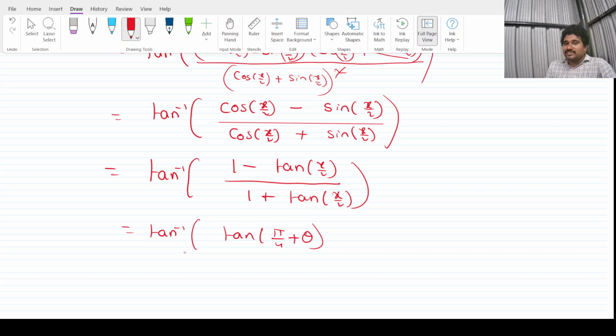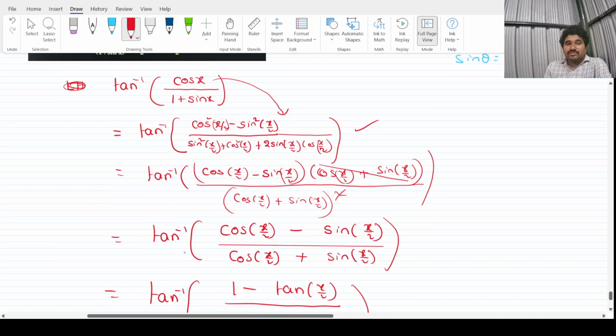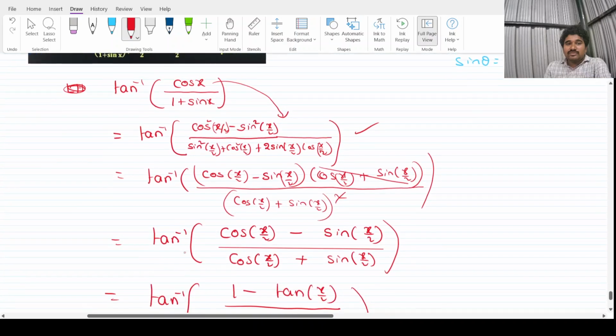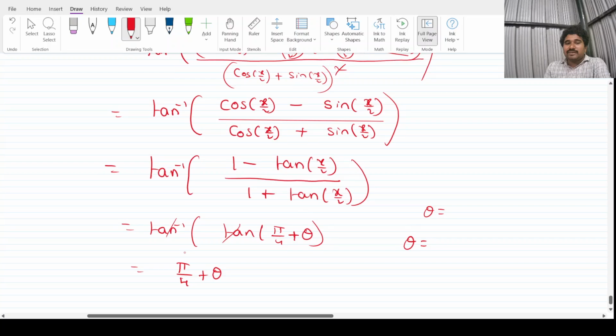Plus theta, it is not minus. Just now I said that. So from here, tan inverse tan cancel. Pi by 4 plus theta. But what is theta? What have you chosen? Theta is not there here. This depends on x.